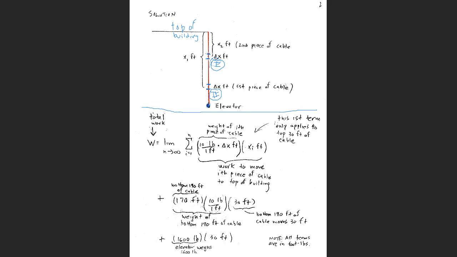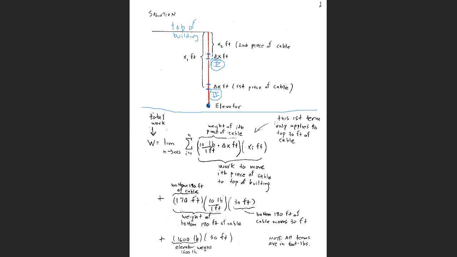Do you agree that for the elevator to move, the cable that holds the elevator, that red cable, has to move? All right, are we all in agreement with that? So in other words, to compute the work, we not only have to find the work needed to move the elevator, but we need to find the work needed to move the cable that holds the elevator to the top of the building.